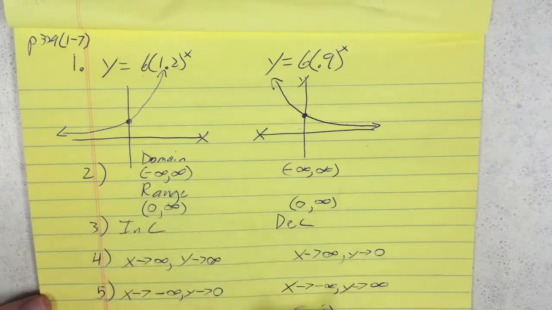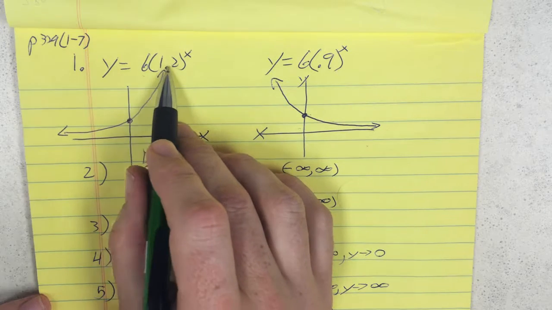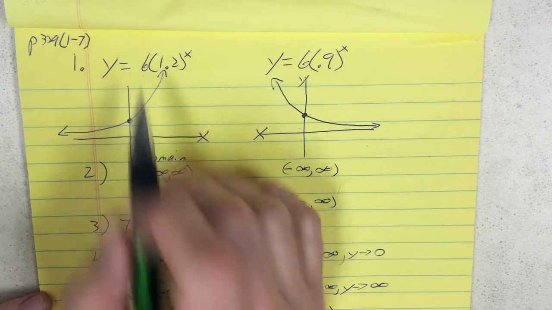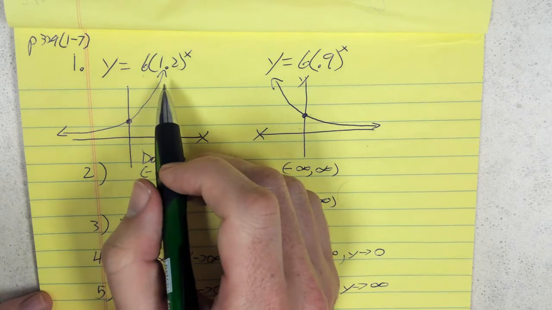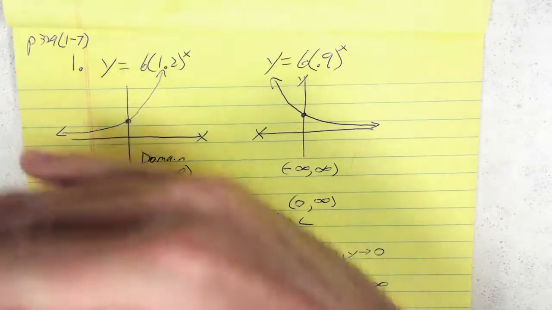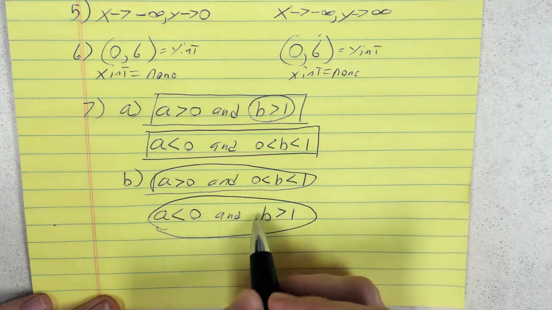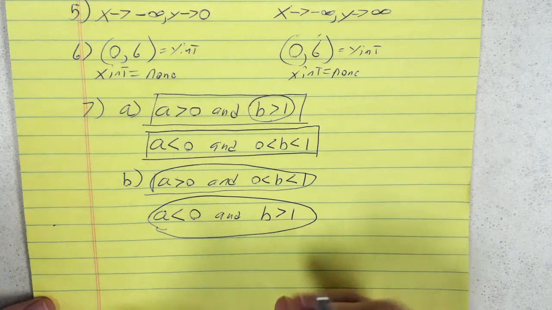So if we took this one here, where we have a b that is greater than 1, and we made this a negative 6, then it would be decreasing. Really what's going to happen is it's just going to get flipped. But go through and pick some numbers here and see what happens.